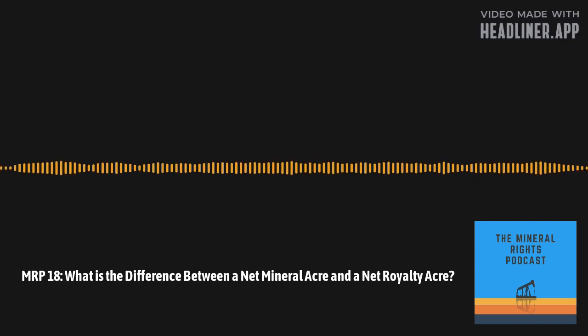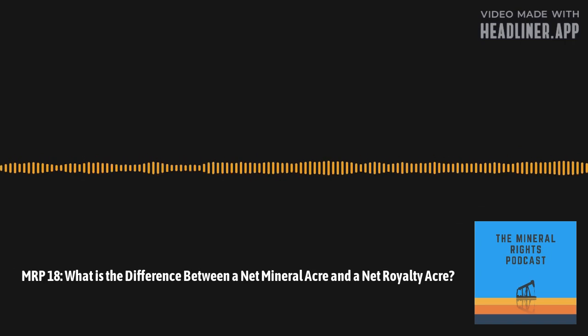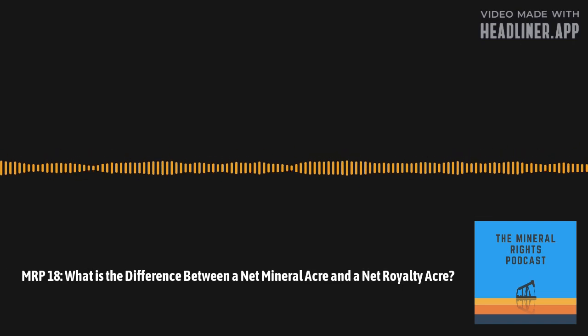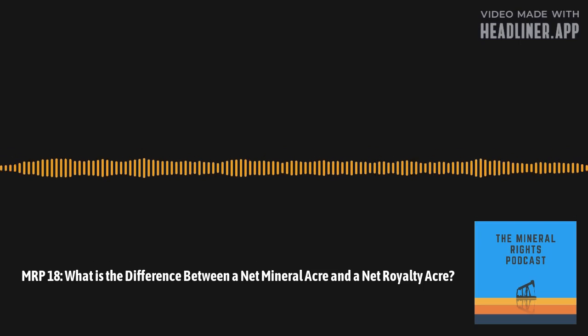And then clearly state that if our title search does identify that they own more or less, we would adjust the offer accordingly. But the metric the offer is based on is that dollar per net mineral acre basis, so that you have it in writing that if you do actually own more, they're going to pay you for that additional acreage and not just some fixed amount, no matter what.